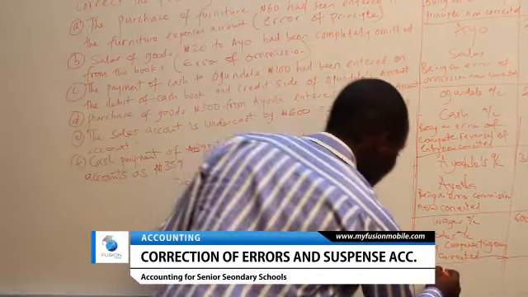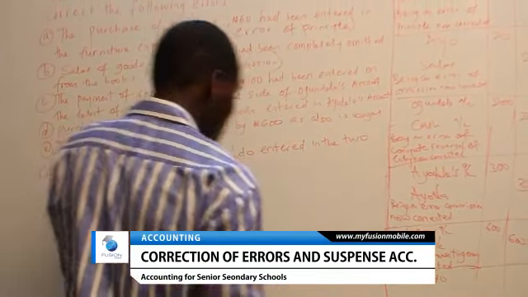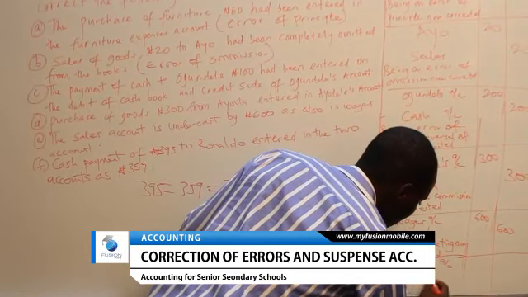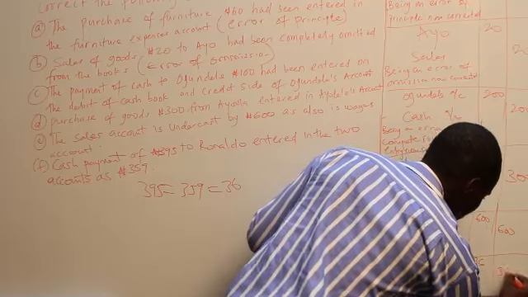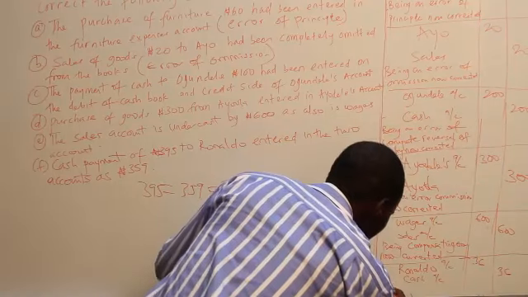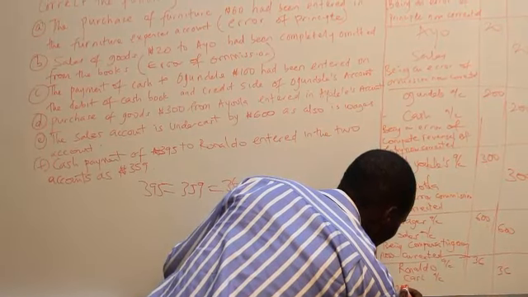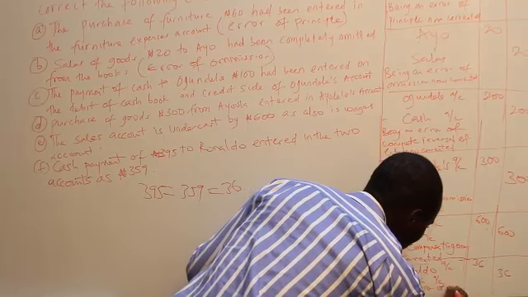So Ronaldo's account is going to be debited. The same thing applies to cash account, with 36. So, being an error of original entry.